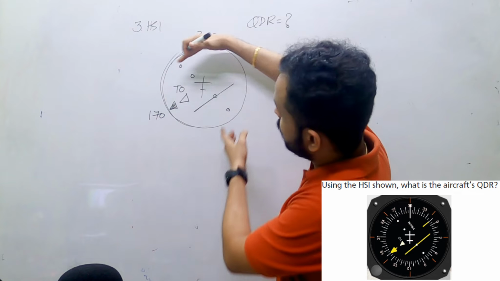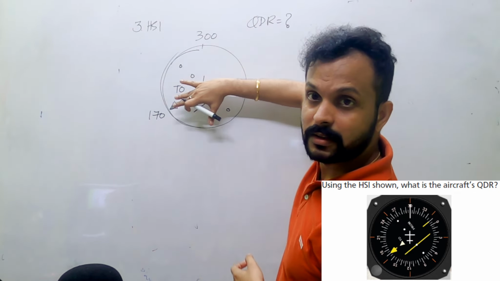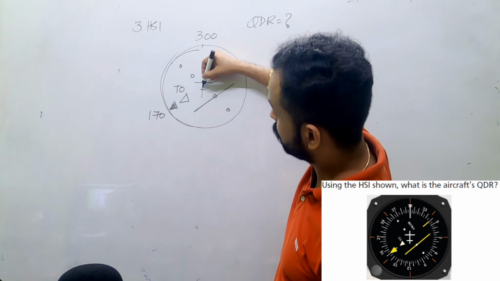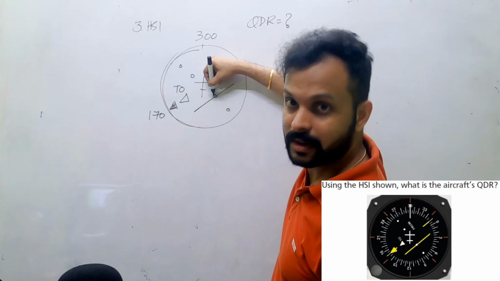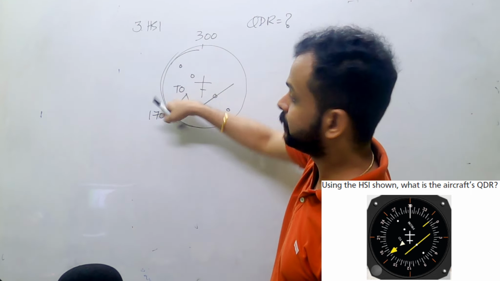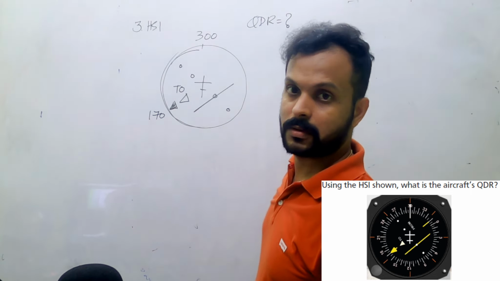If you see that this is a CDI part, if you look in this orientation, this is a CDI. So what is the CDI asking you? CDI is asking you to fly by 1 dot to the left. Right. Left. If you take this OBS here, that is what is going to happen, right? So you can just draw a corresponding CDI here. That would be easier.